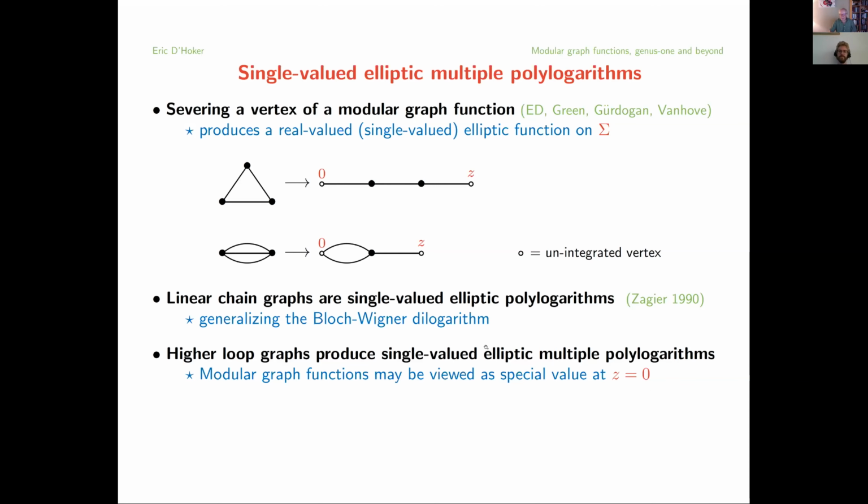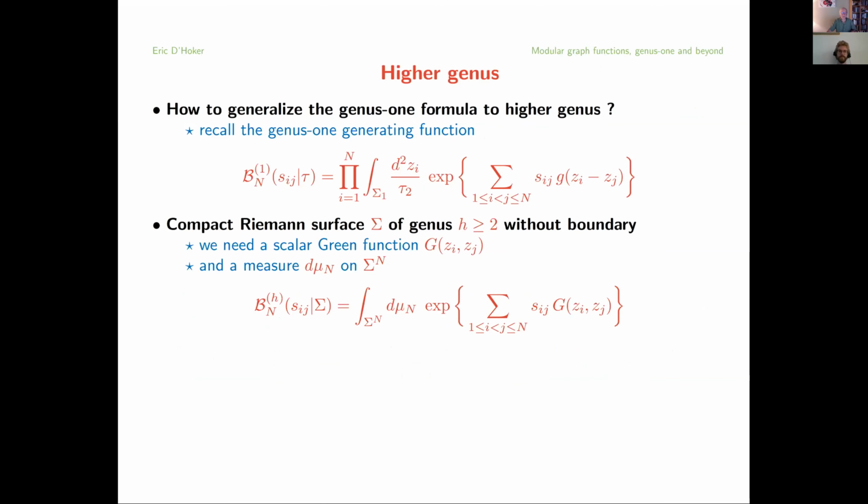Okay, so here I want to leave things for genus 1 and now move on to higher genus. So here I'm going to take mostly a string point of view, but also deviate from the string point of view and go into just some of the purely mathematical considerations. So how do we generalize this genus 1 formula to higher genus?